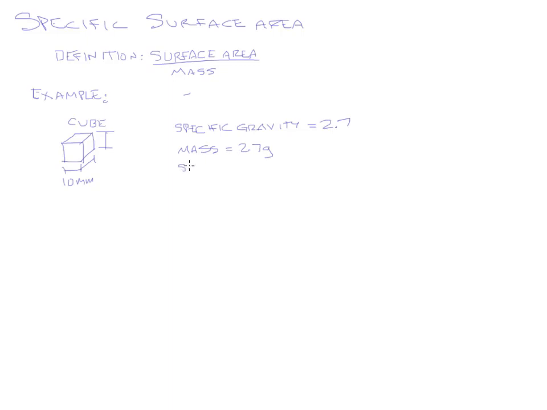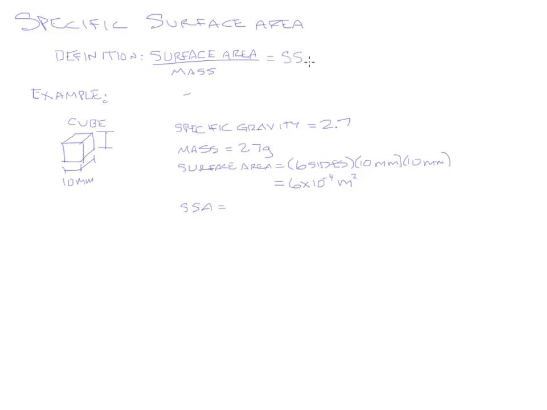The surface area is equal to 6 sides multiplied by 10 millimeters times 10 millimeters. That comes out to be 6 times 10 to the minus 4 meters squared if we do the conversion from millimeters to meters squared. Usually specific surface area is in units of meters squared per gram, so it's convenient to make that conversion.